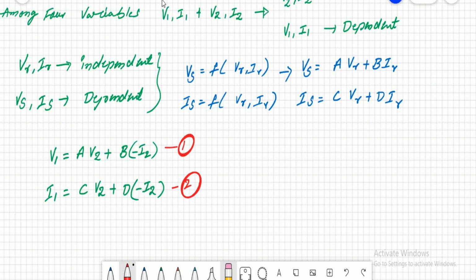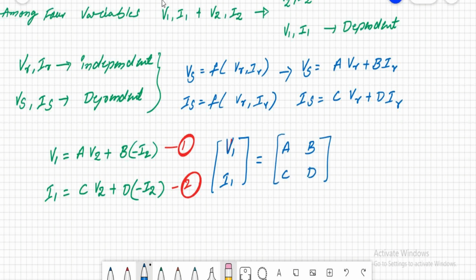This is your equation number 1 and this is your equation number 2. From this we can write in matrix form: V1, I1 is equal to the matrix A, B, C, D times V2, minus I2. So this is your ABCD matrix.